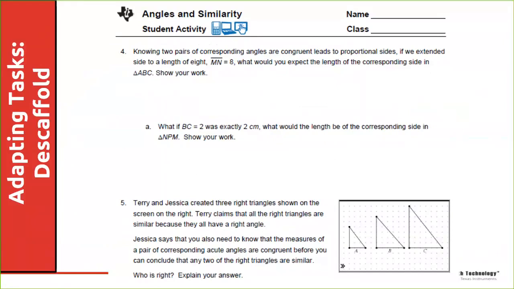So just wondering if anybody has any comments about what descaffolding means. We had this 84 and Nspire example to just encourage you to take a look and see if we can remove some of that step-by-step and not give away so much of the mathematics to students. And we're using existing activities from both the Activity Exchange and the Math-Nspire site.